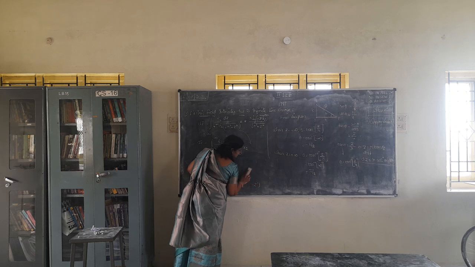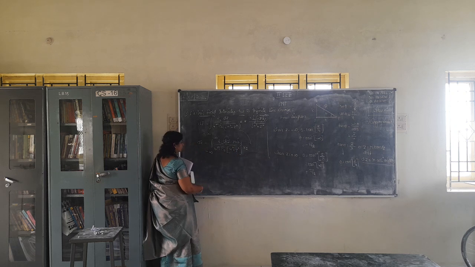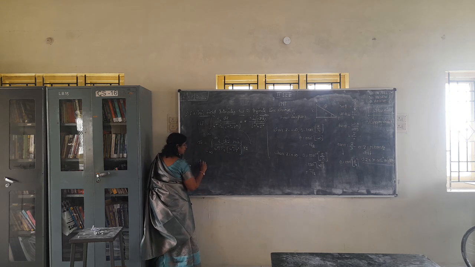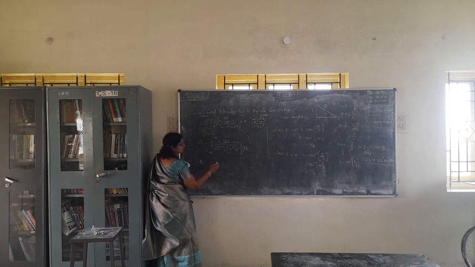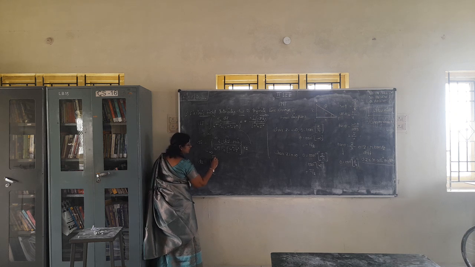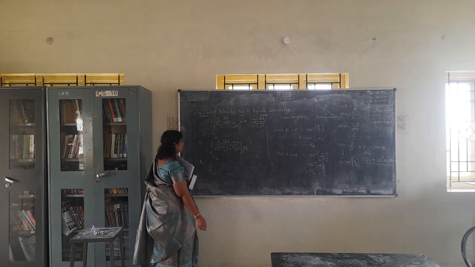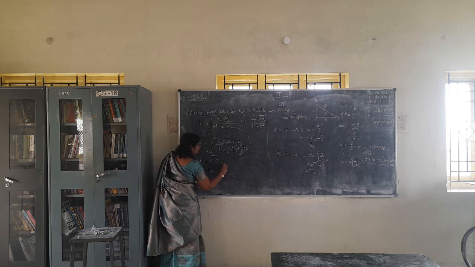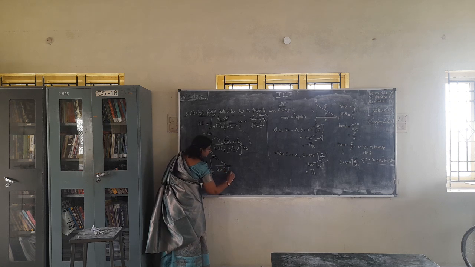Now substitute all the values. So dE will be equal to, in case of minus infinity it is minus pi by 2, in place of plus infinity it is plus pi by 2, rho L divided by 4 pi epsilon naught. In the denominator I have r square.